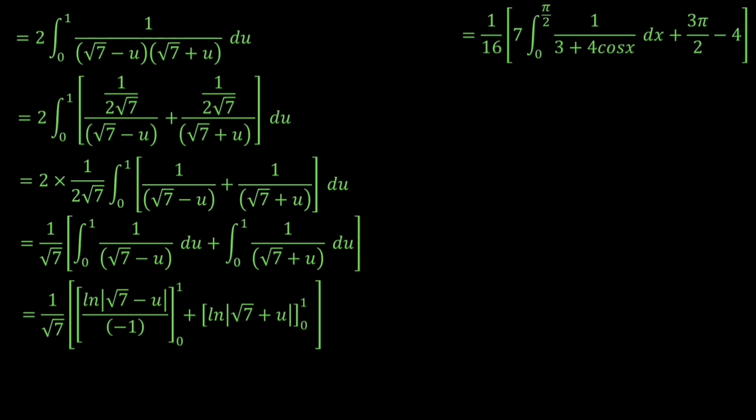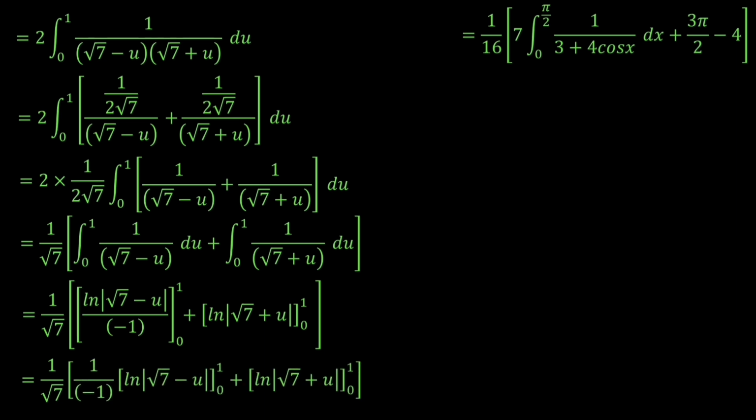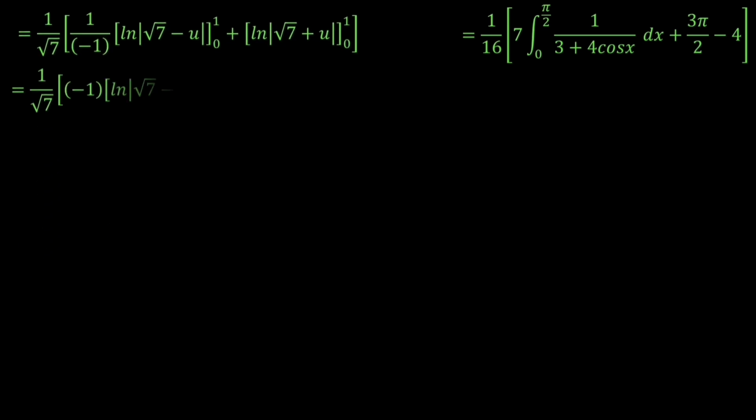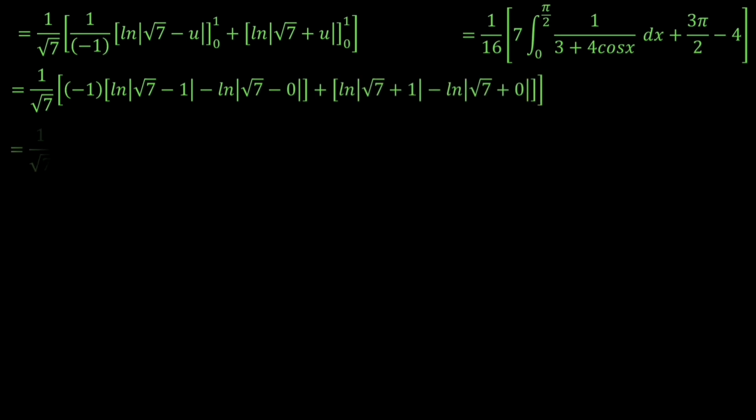Now we need to substitute the upper limit and lower limit for these answers. Then we get the result minus ln (root 7 minus 1) plus ln root 7 plus ln (root 7 plus 1) minus ln root 7.